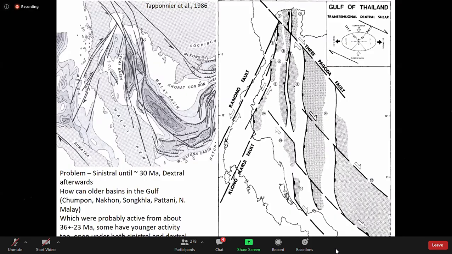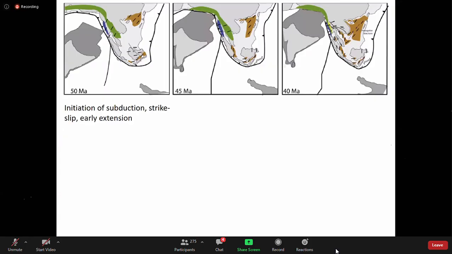And one of the problems is that during the lifetime of these basins, motion switched from sinistral to dextral. So you can't really have it both ways in these basins. They can't be developed under sinistral and dextral deformation, both opening under extension.